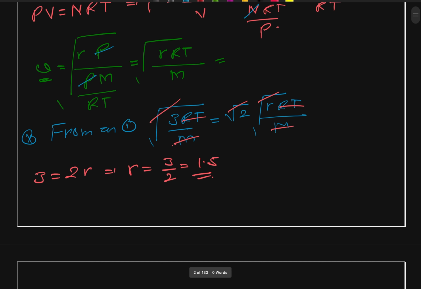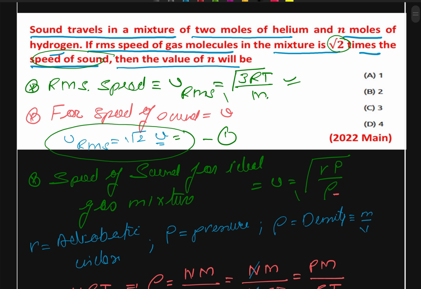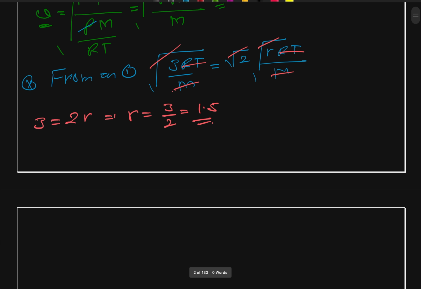Now it is said that there is a mixture of 2 moles of helium and n moles of hydrogen. So we are given that we have a mixture, and that mixture is of helium.